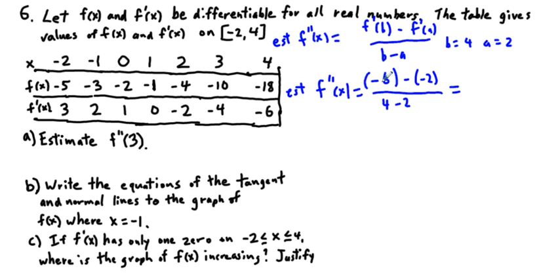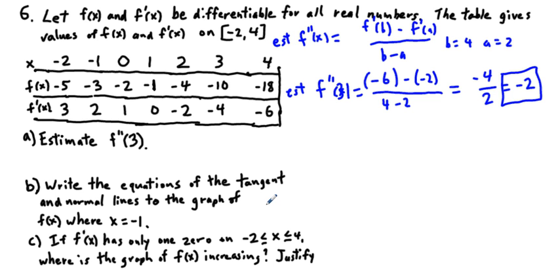So we have negative 6 minus negative 2, which is negative 4, over 4 minus 2, which is 2. So negative 2 is going to be our answer. And that's the estimated f double prime of 3.